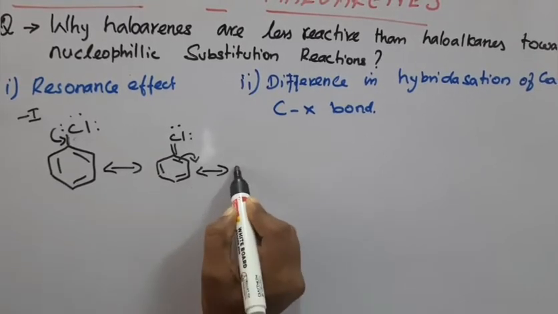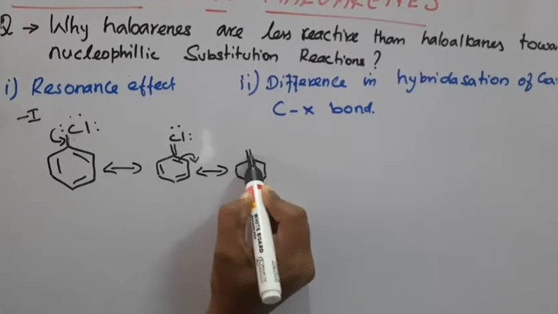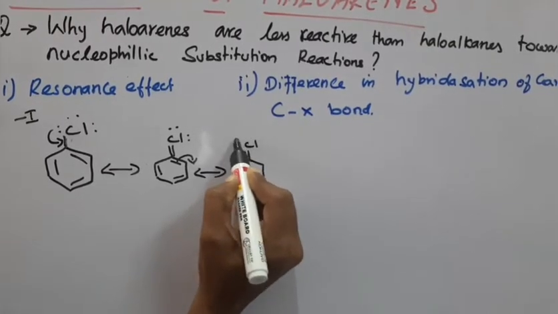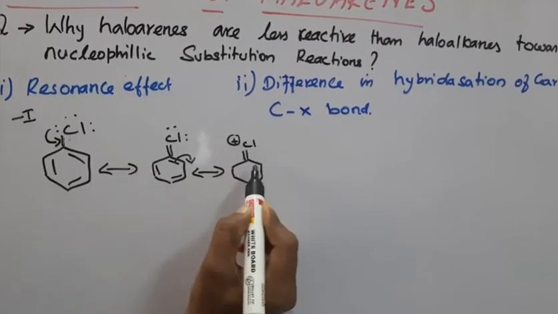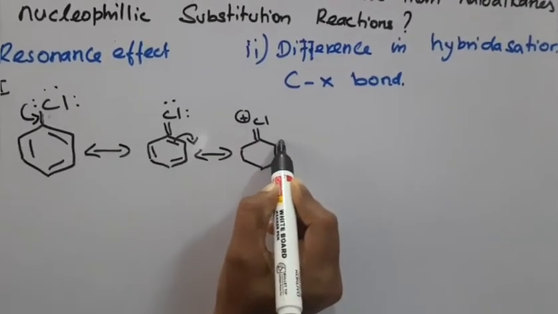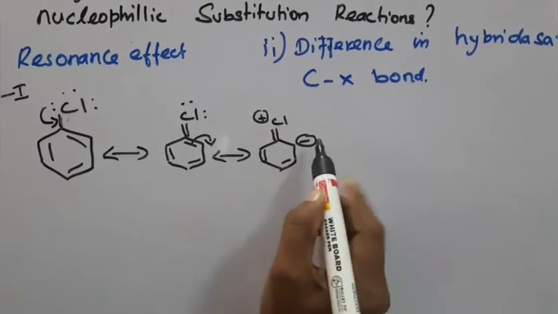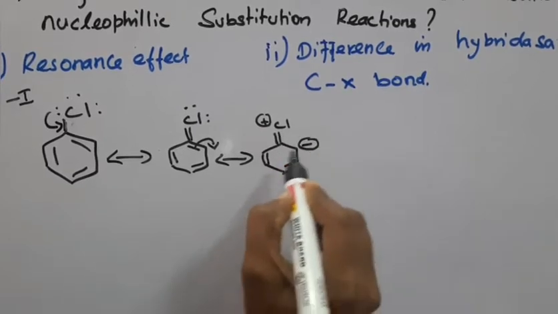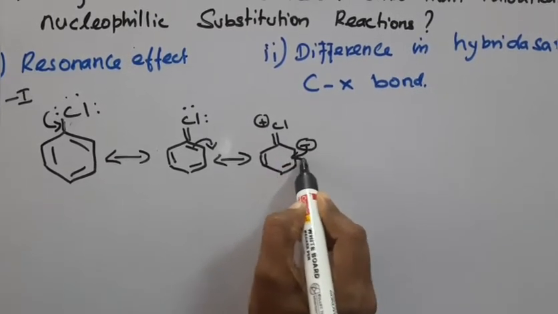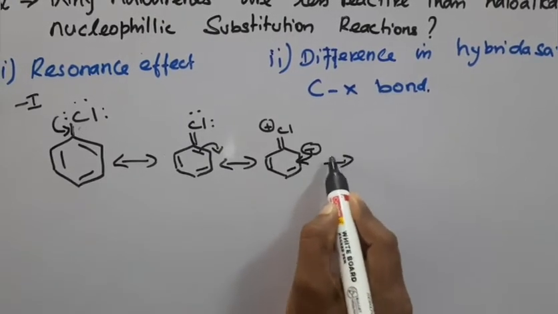Here the double bond is present at Cl, the pair of electrons is donated, so it gets a positive charge. This electron is present here as it is. After that this wants to come here because delocalization takes place. These two nearest are not possible.